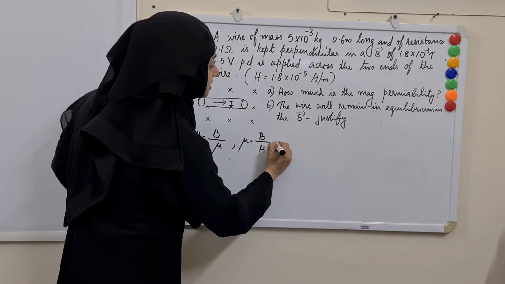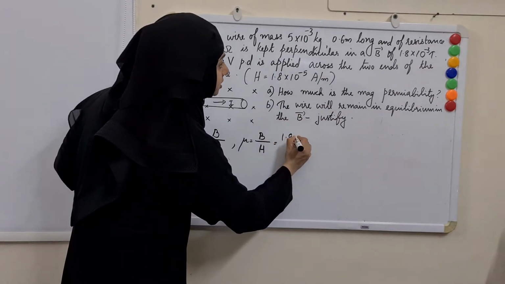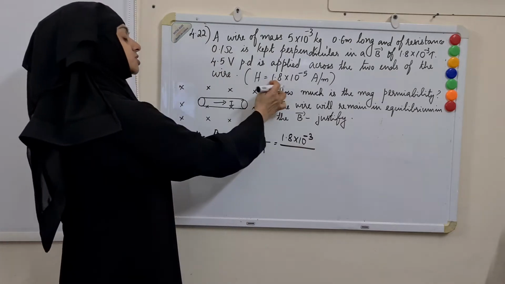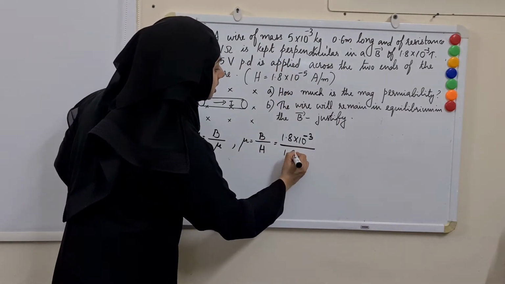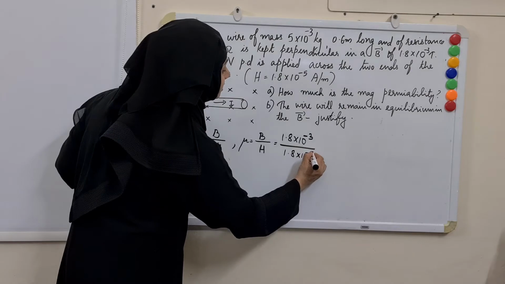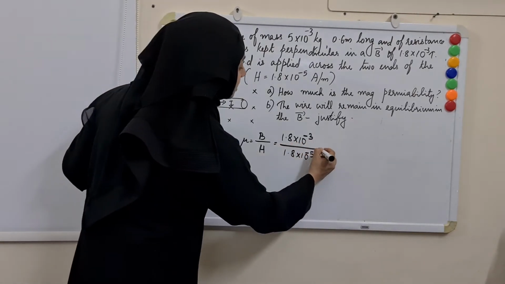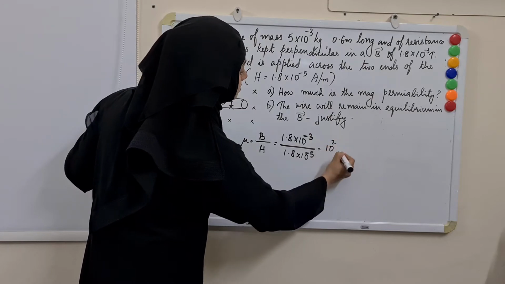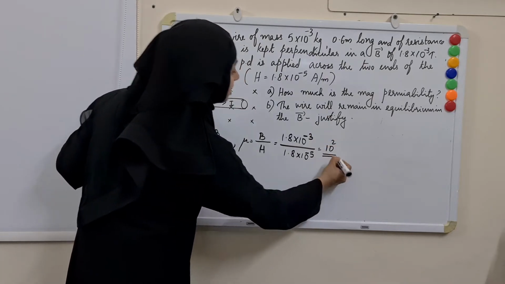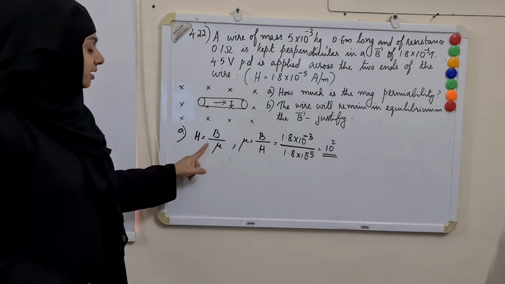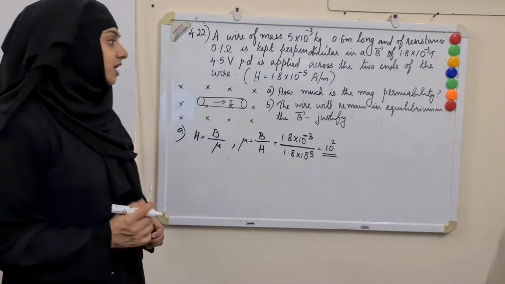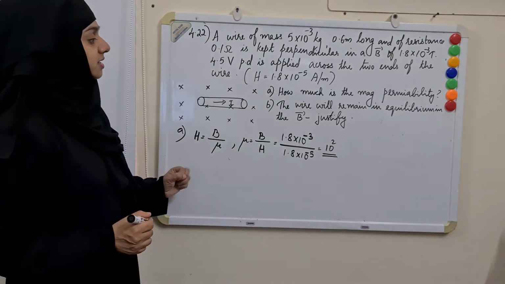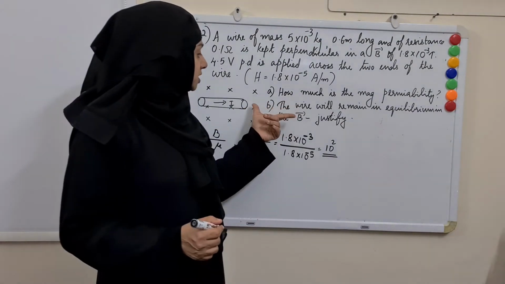What is that? 1.8 times 10 raised to minus 3 divided by H is also given. 1.8 into 10 raised to minus 5. So you will get as equal to 10 raised to 2. So this is the value of permeability. So you got the value of permeability.